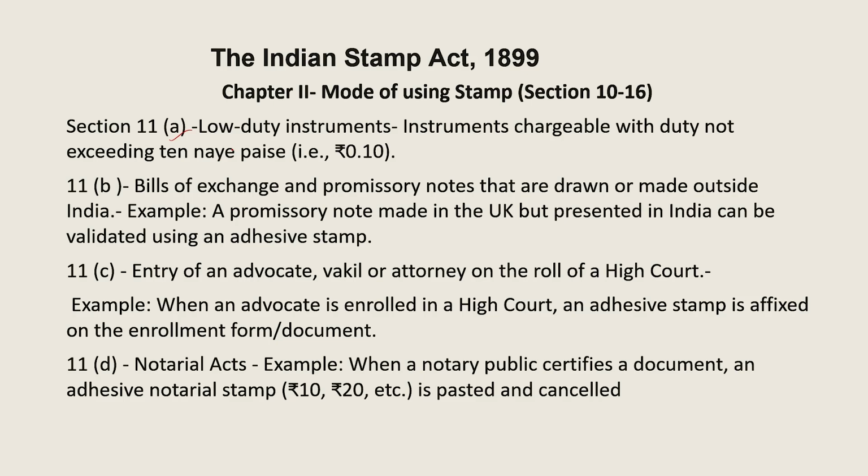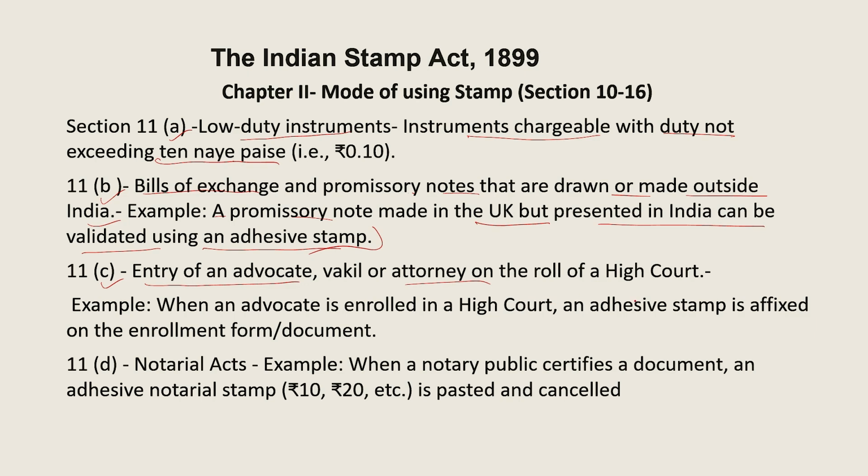Section 11A discusses the low duty instrument chargeable with duty not exceeding 10 naya paisa. And clause B discusses the bill of exchange, promissory note, drawn or made outside India. For example, if a promissory note is made in the UK, presented in India, it can be validated using the adhesive stamp. Clause C says entry of an advocate, vakil, attorney on the roll of High Court.